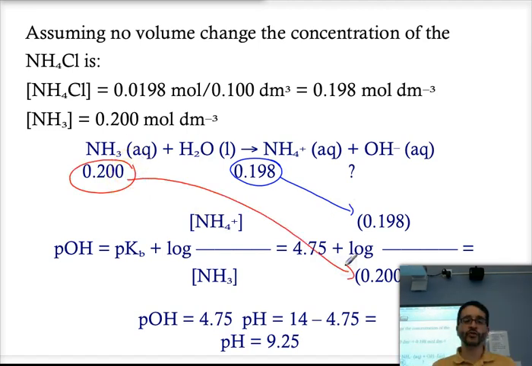And we take the value for the original base, and we put it at the bottom. We look in our data booklet for the value of pKb for ammonia, and we find that it's 4.75. That's why that value is there.